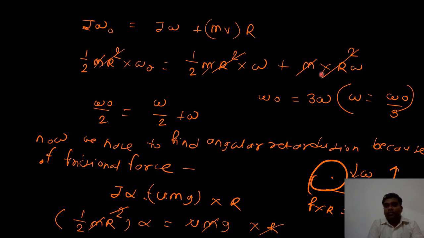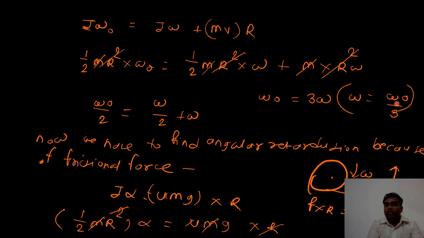We can write v is equal to r omega, so r into r becomes r square into omega. Now we can cancel the similar terms. What we got here is omega naught by 2 is equal to omega upon 2 plus omega, which yields the final angular velocity omega is equal to 1/3 of the initial angular velocity.